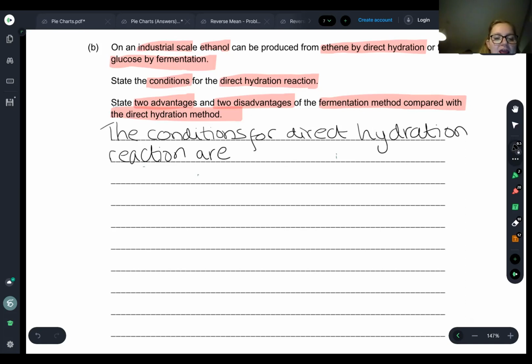The first one is a hot or high temperature or pressure. It will let you say pressure. Please don't put pressure. Well, you can, but temperature is better.